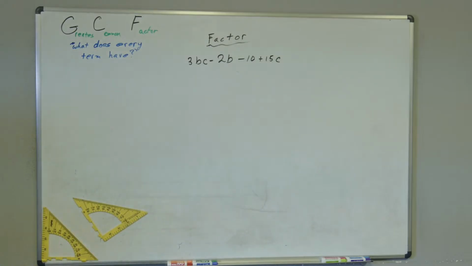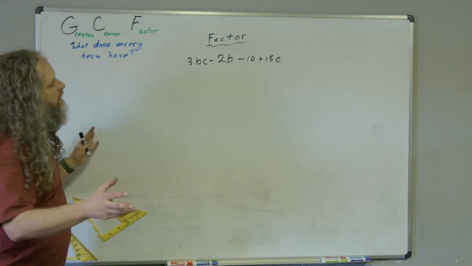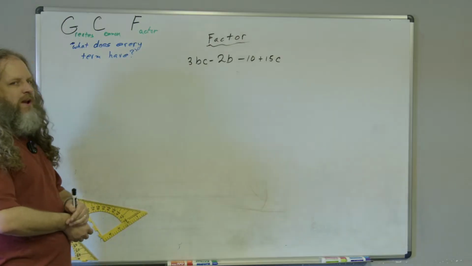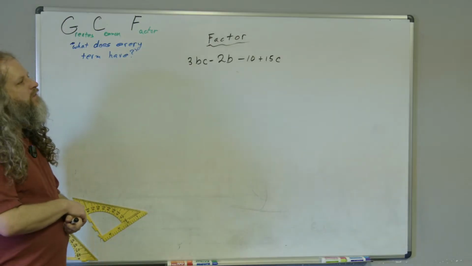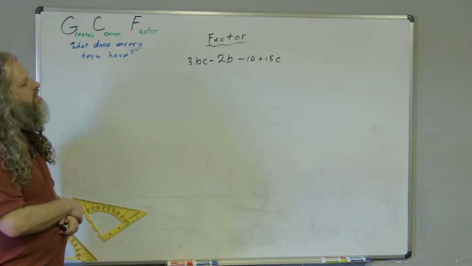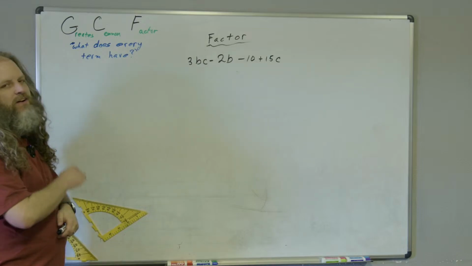Okay. So we've got 4 terms, right? Right. So we're trying to completely turn this into a product of sums. So we want everything in parentheses or multiplied times parentheses. Is there a GCF in all 4 terms?